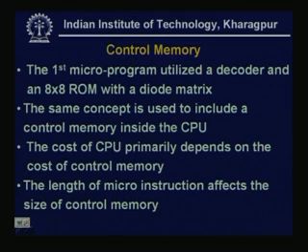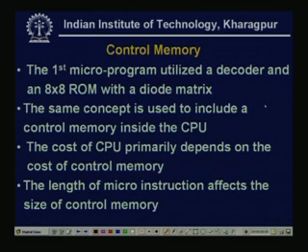When it was first introduced, the microprogram utilized a decoder and an 8x8 ROM with a diode matrix. That was the first implementation of a control memory. The two components are one decoder and an 8x8 ROM with a diode matrix.